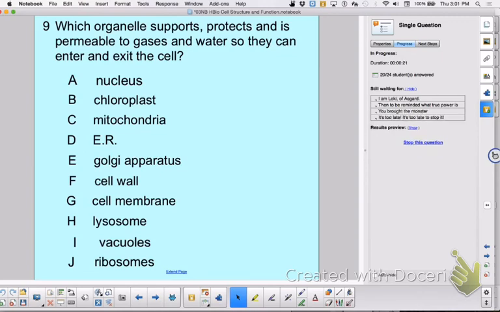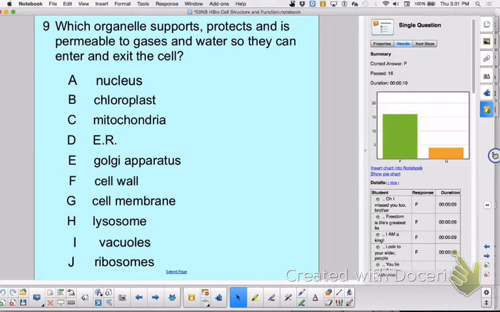Supports. It protects. Yeah, I could see why you'd pick cell membrane, but if I was going to describe the cell membrane, I would say it allows things to go what? In and out. Right? AP, phospholipid bilayer, proteins, carbohydrate side chains, glycolipids, glycoproteins, yes?